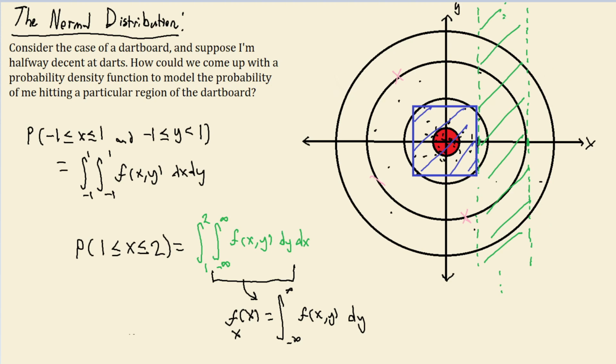And so your b value, you would want it to be smaller, since that would represent a slower rate of decrease in probability as you got further from the center. But if your b value in that equation was greater, then your probability of hitting a particular region would decrease faster as you got further and further away from the center.